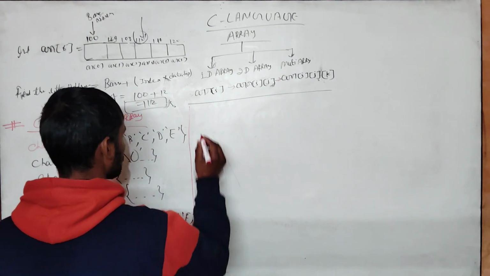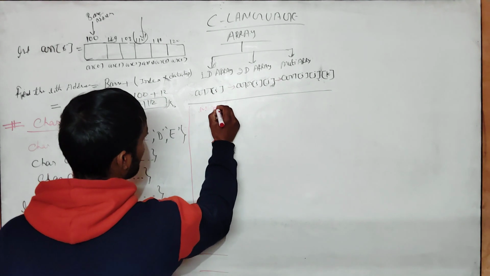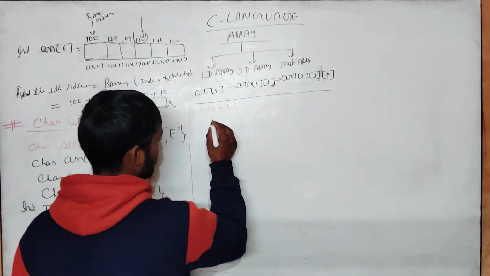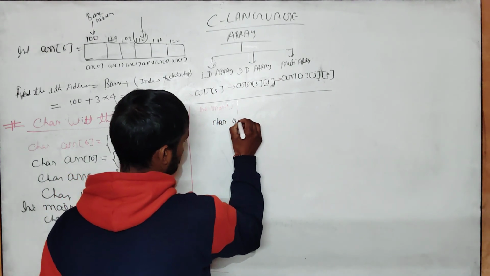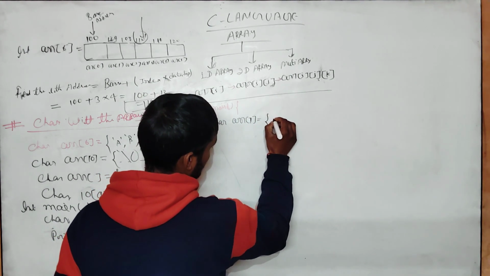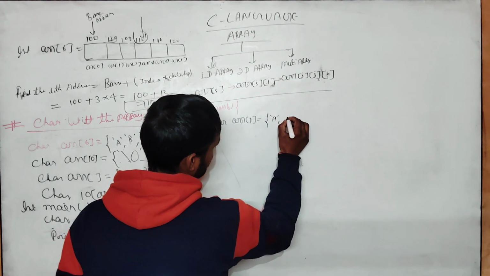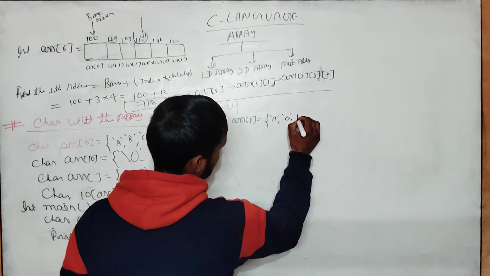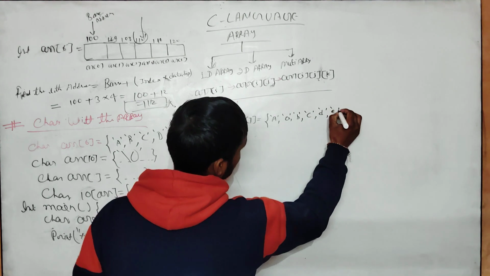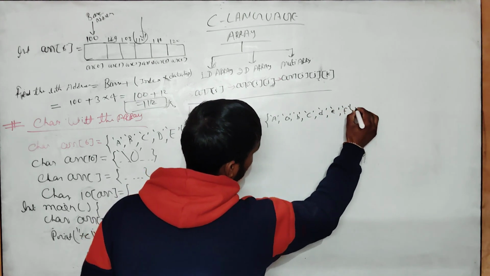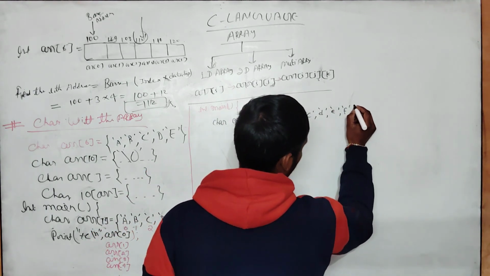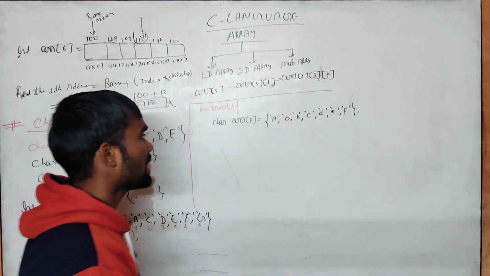I'm just writing here int main, and character array of size 7, and A, B, C, D, E, F. Fine, am I right?